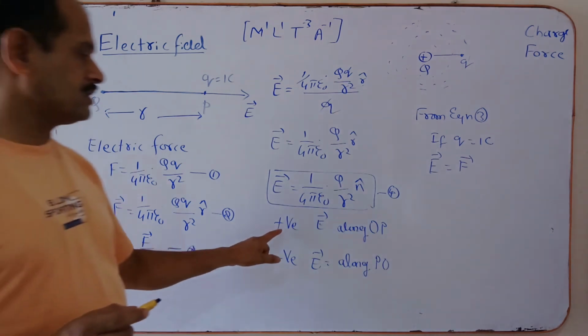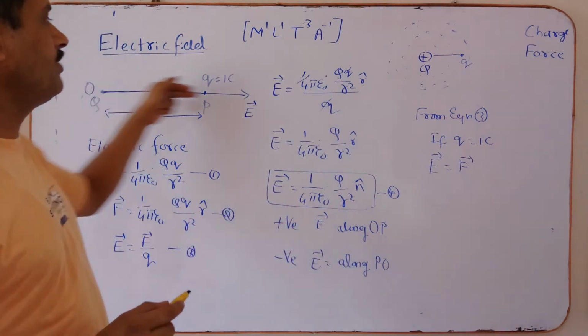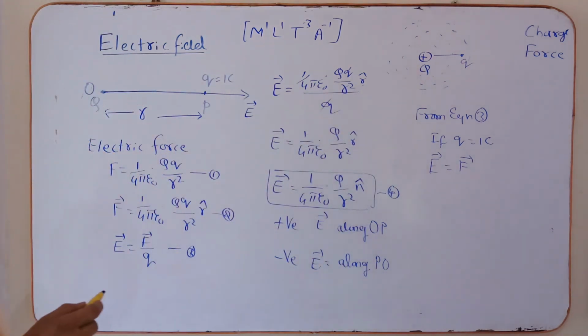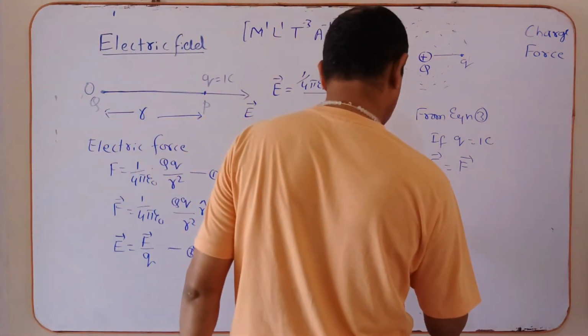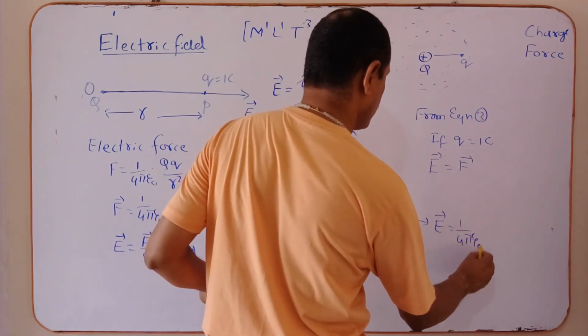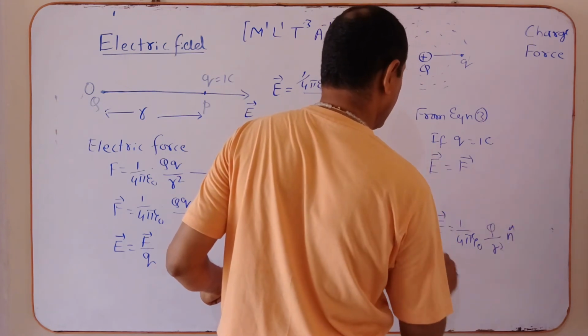If the charge is positive, the electric field is along OP. It means away from the charge. If the charge is negative, at that time the electric field is toward the charge. It is also like this for negative charge: vector E is equal to 1 upon 4 pi epsilon naught, Q divided by r square into n cap.